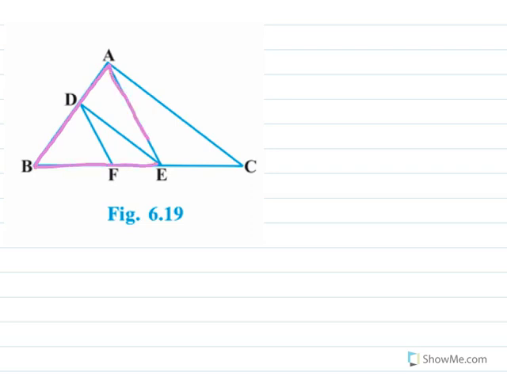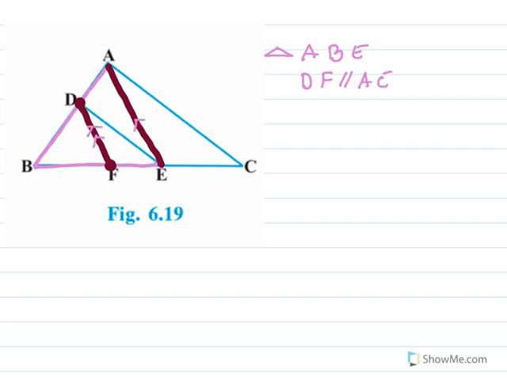Here we'll take up ABE, and in this ABE it is given to us that DF is parallel to AE. So the points D and F divide AB and BE proportionally. So we are taking triangle ABE, and it is given to us DF is parallel to AE.